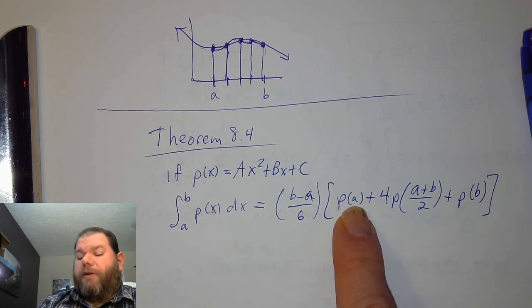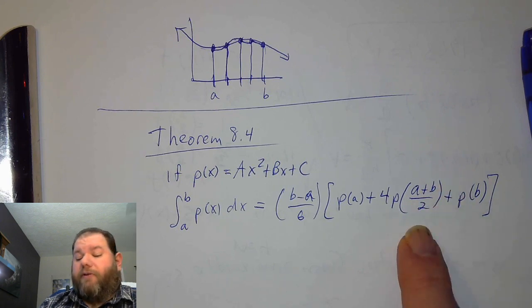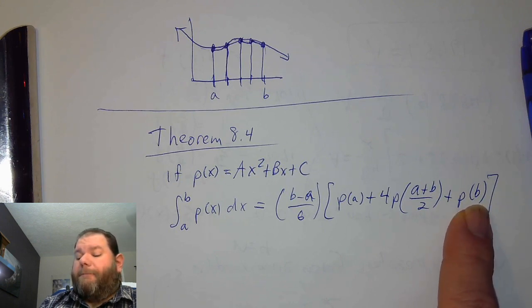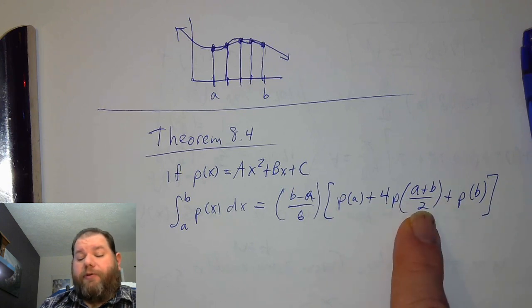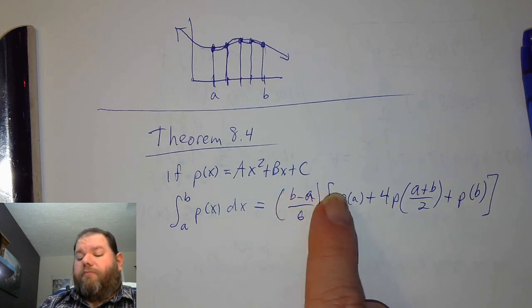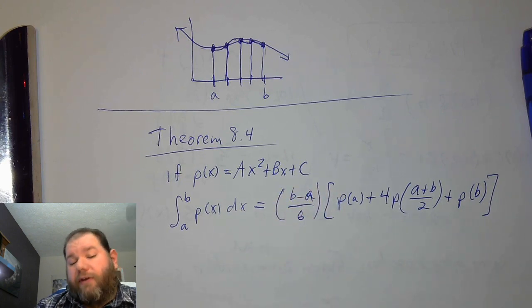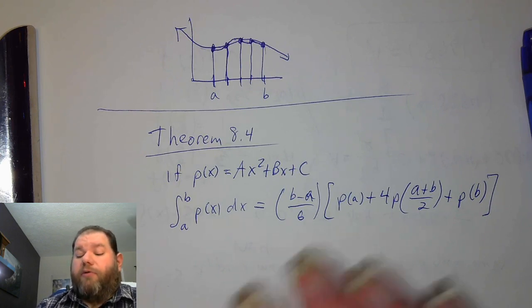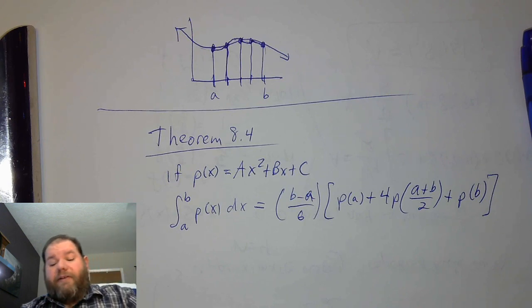So if we evaluate p of the left endpoint a, p of the midpoint, which would be (a plus b) divided by 2, and p of the right edge, which is b, we take the left endpoint plus the right endpoint plus 4 times the midpoint, and then multiply by the width, divided by 6 on the outside, and that's our calculation for the area. Now we will incorporate this into Simpson's rule, the formula for Simpson's rule. That's entirely based on this concept.